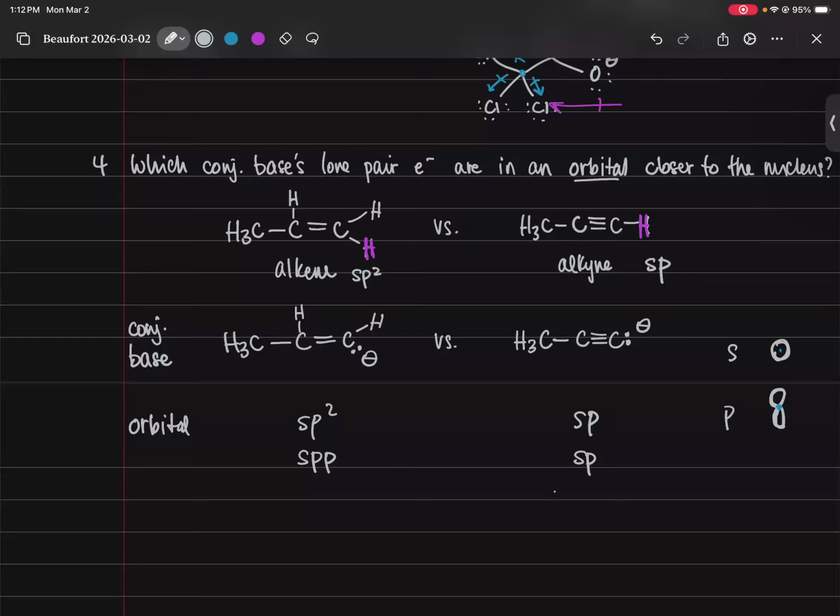So this orbital is closest to the nucleus. That's the more stable conjugate base, and so the alkyne is the stronger acid.